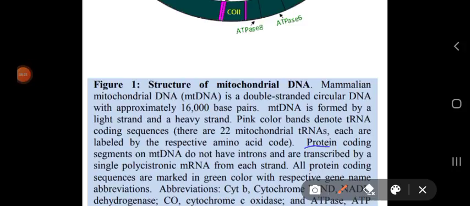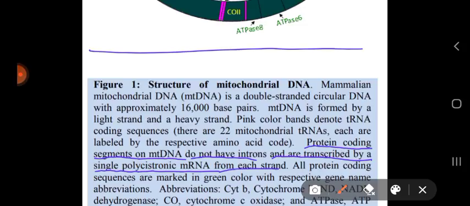Then it is saying that protein coding segments on mitochondrial DNA do not have introns and are transcribed as a single polycistronic mRNA from each strand. So there is no intron sequence here. Just like bacteria, they are continuous.